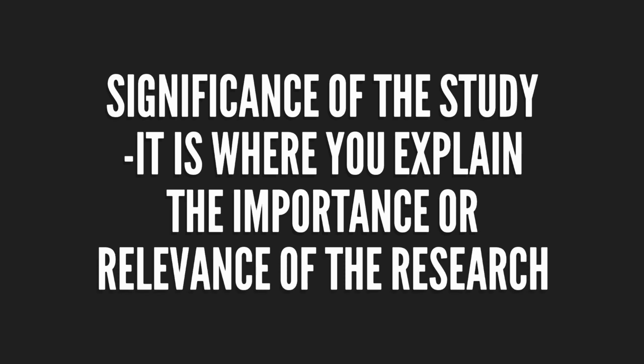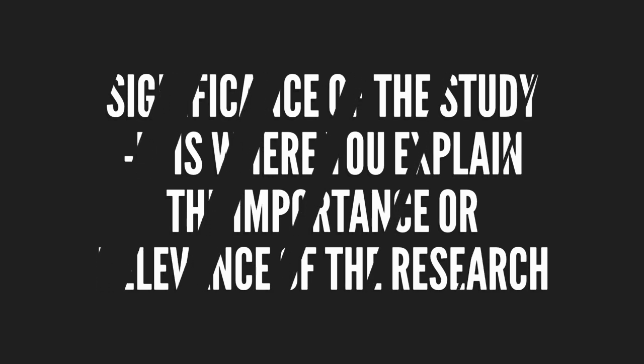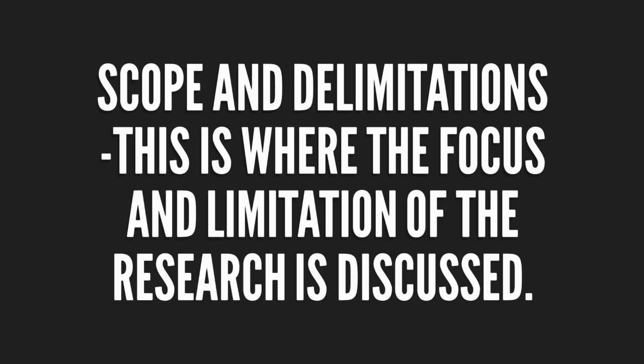The significance of the study is where the researcher will explain the importance or relevance of the research. And the scope and the limitations is where the focus and limitation of the research is discussed.